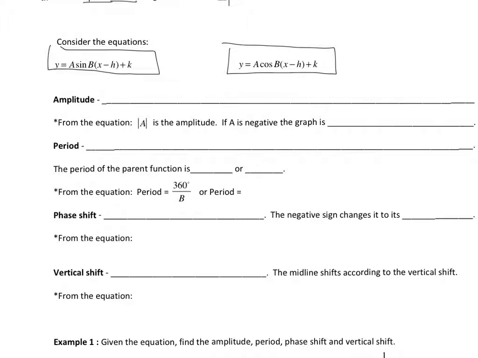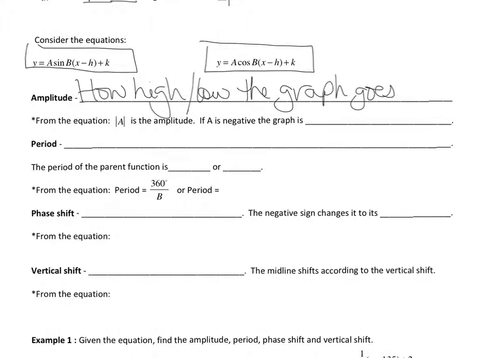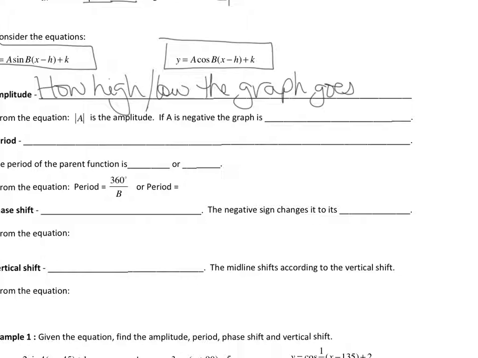So let's consider what these variables mean in terms of our equation. So the amplitude is how high or low the graph goes from the midline, because it also goes below. And the midline is the line that cuts the graph right through the middle horizontally.